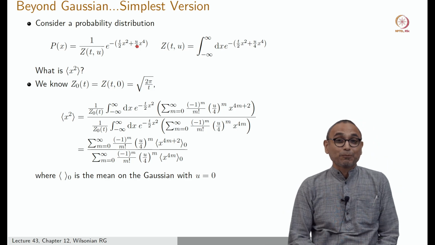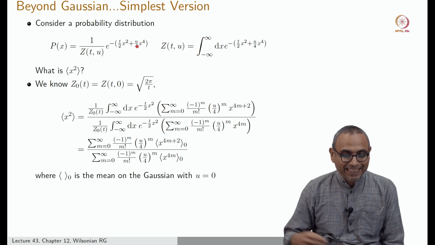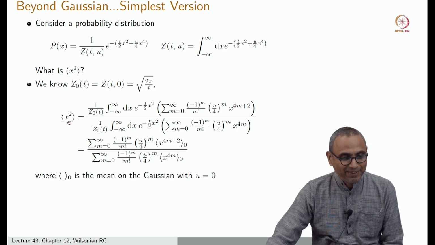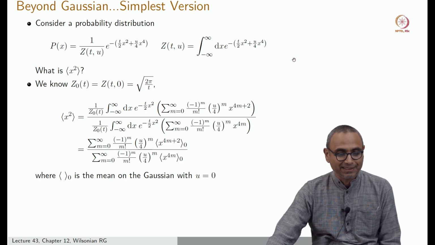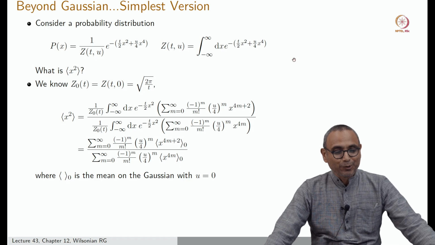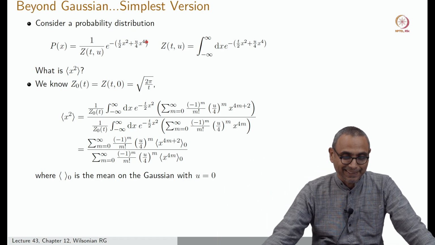Okay, so I am going to show you how to think about these calculations. So the way we think about this calculation is the following. We will say that the expectation value of x square is, of course, you just put this probability distribution e to the minus S times x square, and then divided by the partition function. So what I am going to do is expand the numerator. So the numerator is the integral of x square times e to the minus t by 2 x square. I am going to keep e to the minus t by 2 x square here, and e to the minus u by 4 x to the 4, I am going to expand in power series.